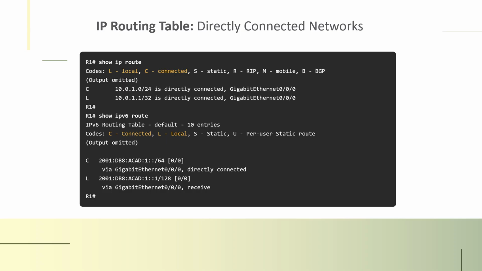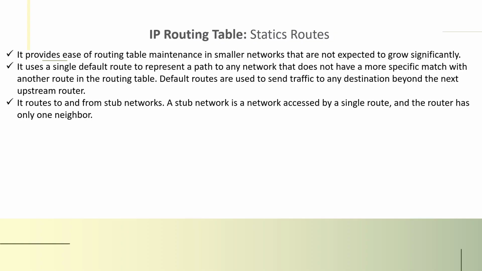Static routes are manually configured. They define an explicit path between two networking devices. Unlike a dynamic routing protocol, static routes are not automatically updated and must be manually reconfigured if the network topology changes.